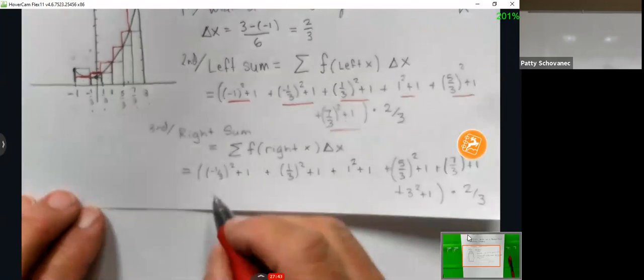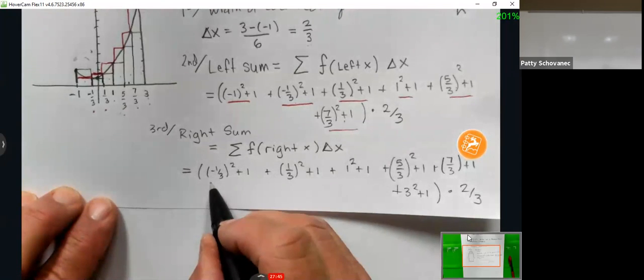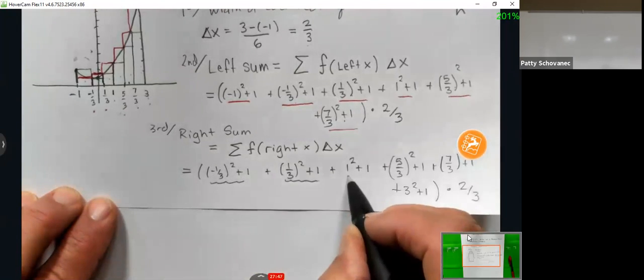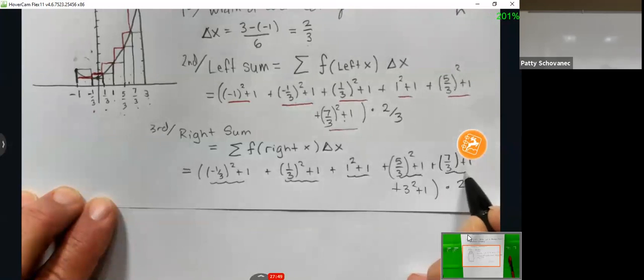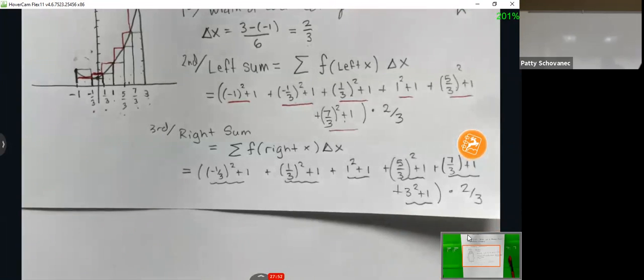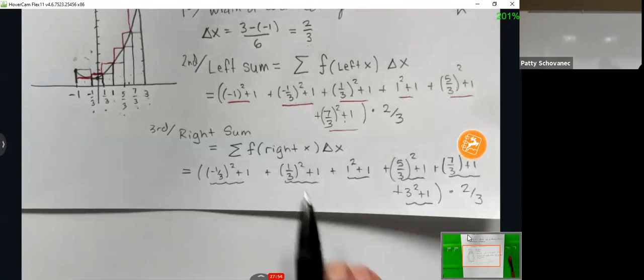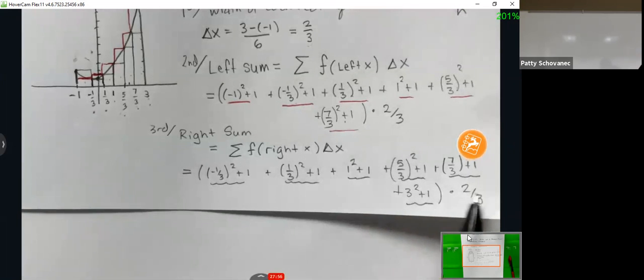So again, here's rectangle number 1, rectangle 2, 3, 4, 5, 6. And that's height times width, all the way down the line. The more rectangles we put under here, the closer we will get to the actual area.